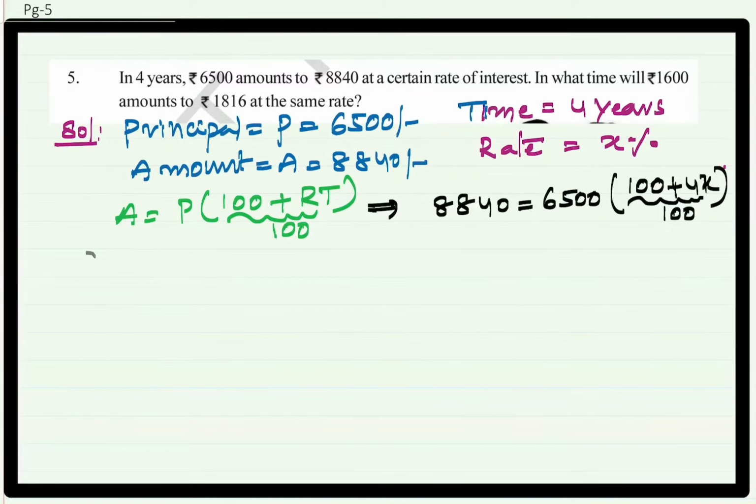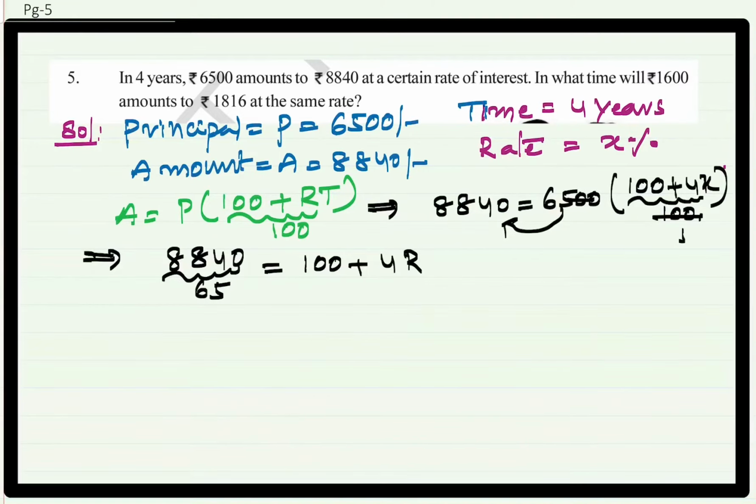Okay. Next step, we have to take this 6,500, or you can take cancellation only. 100 ones are 100, 65s. So only 65 you can transpose from right to left. So 8,840 is on the left side, and transposing 65 from right to left it becomes the denominator. Then the remaining part is 100 plus 4R.